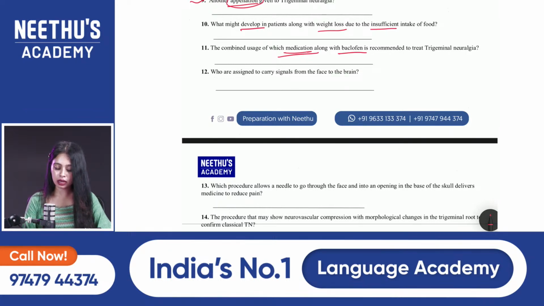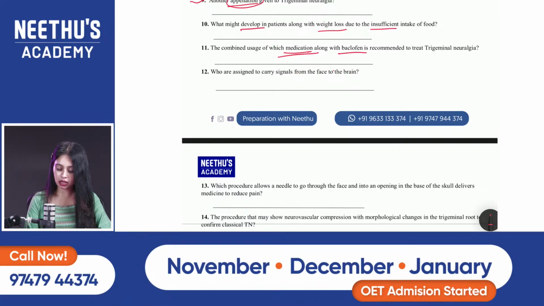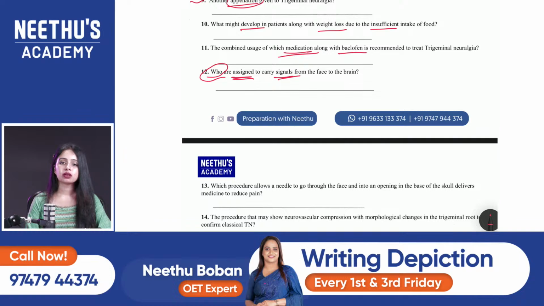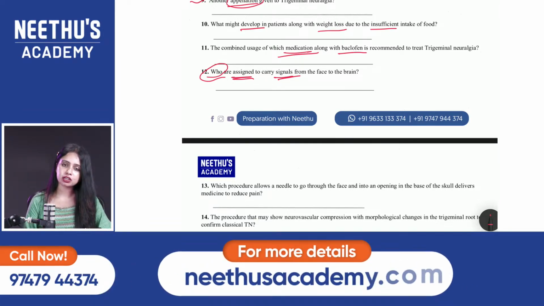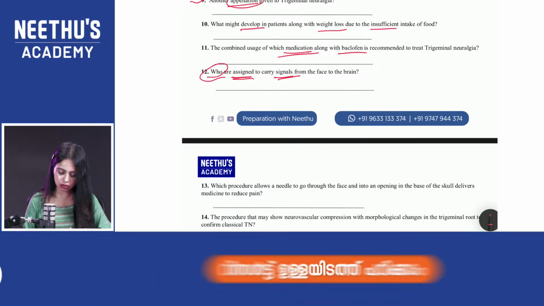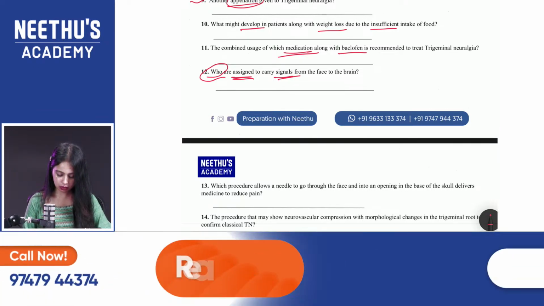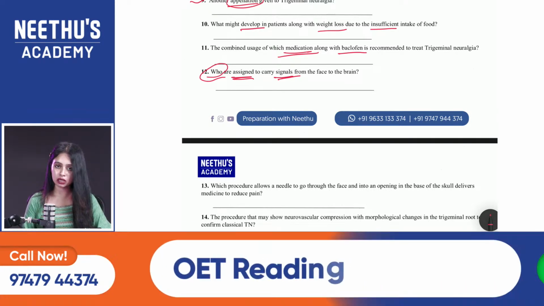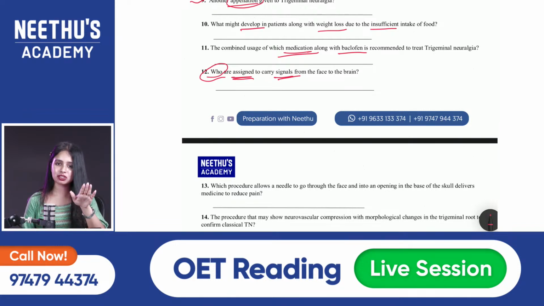Twelfth one. Who are assigned to carry signals from the face to the brain? Any idea what the correct answer is? Maybe the name of something, maybe the name of a part. Yeah, it's a name. So what is it? It is the T nerve, or, I'm sorry, that abbreviation is not mentioned anywhere.